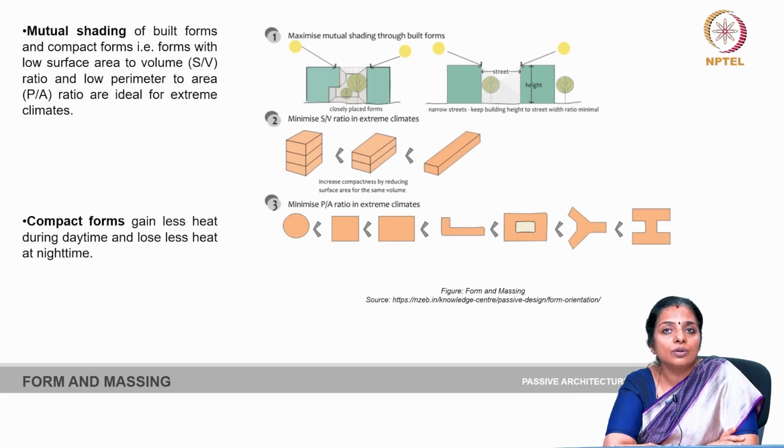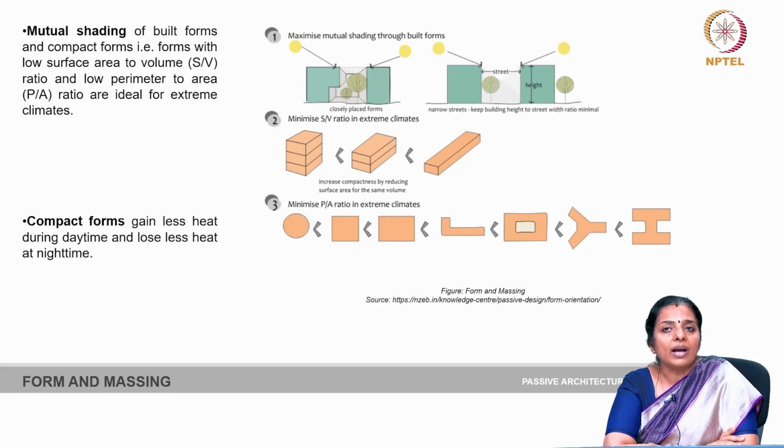Also, the use of compact forms with low surface area to volume ratio and low perimeter to area ratio can be particularly advantageous in extreme climates. These design strategies contribute to improved energy efficiency, thermal comfort and overall sustainability in harsh environmental conditions.